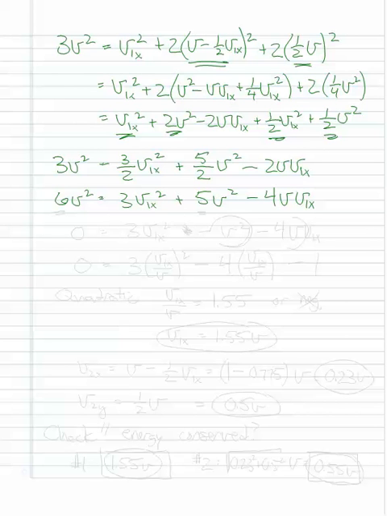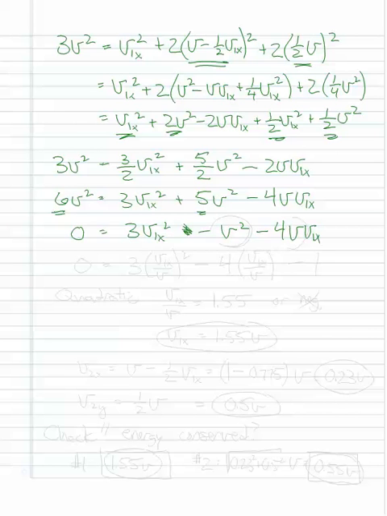Can I combine anything else? Yes, I can. I have a 6 and a 5, and so I will move everything to one side, and I will get that 0 is 3 v1x squared minus v squared minus 4 v1x.